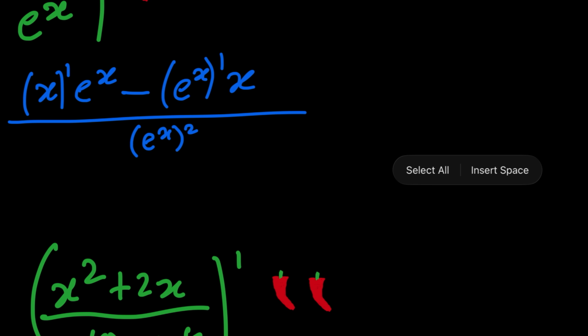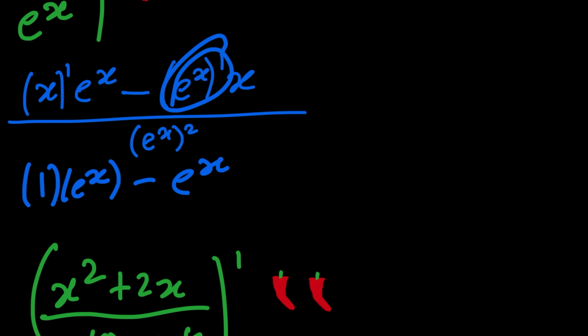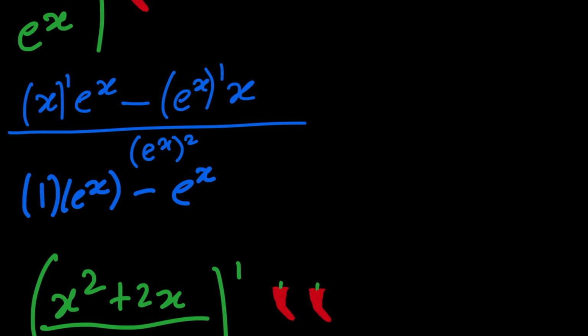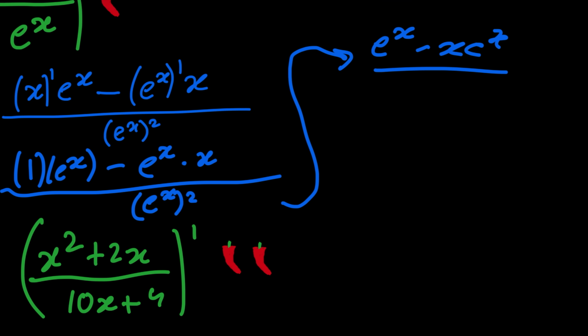Okay, now let's simplify. Derivative of x is just 1 times e to the x minus e to the x, because the derivative of e to the x is just e to the x, times x, divided by e to the x squared. And then what we can do here is we can simplify a little bit more. So we got e to the x minus x e to the x divided by e to the x squared.